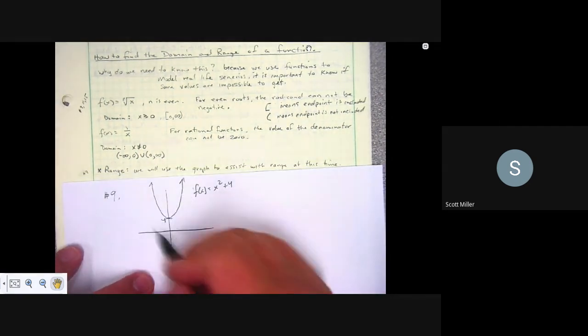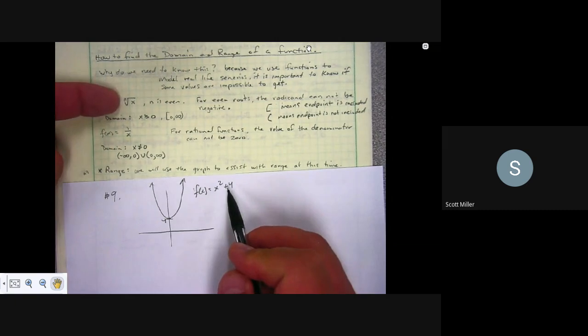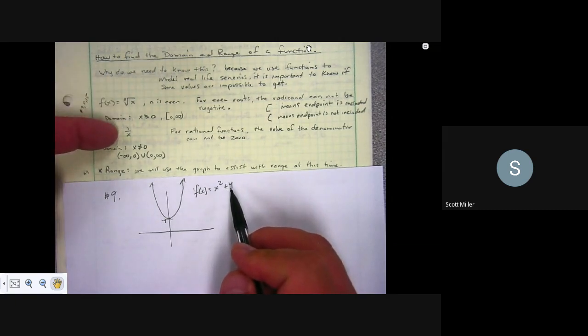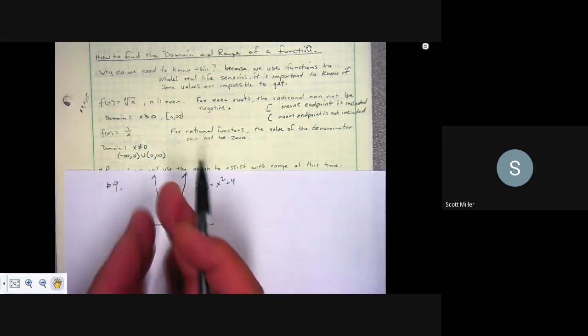So we look at the graph, and we can see, well, what would the domain be? Here's my function. I don't see any even roots. I don't see any rational function here. And I can look at the graph and see, even though the arrows are pointing upward, they are also going outward forever and ever.